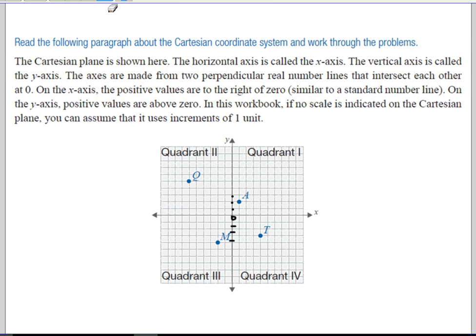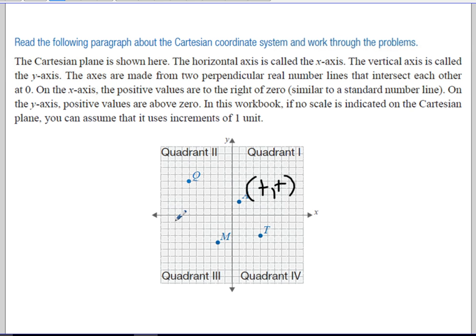When you do that, there are 4 different combinations of the signs that you get with the numbers. If we look at this first quadrant, we're going to the right of 0 on the x and above 0 on the y, which is positive for the x and positive for the y. So any ordered pair that falls in quadrant 1 is going to be 2 positive numbers.